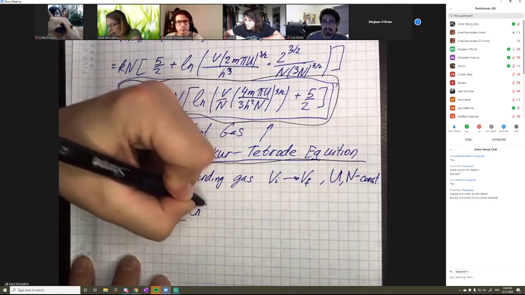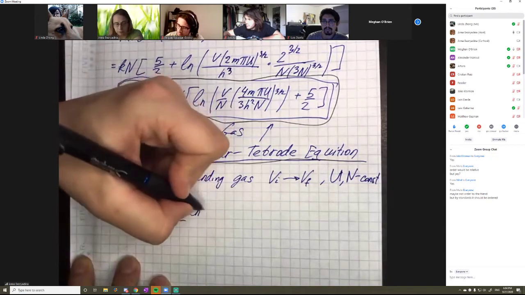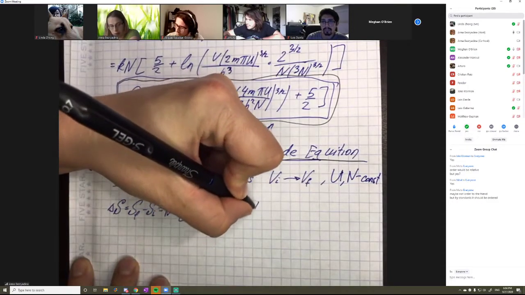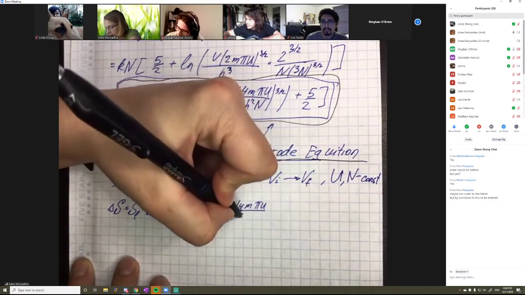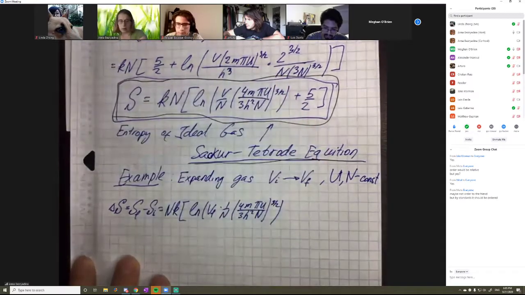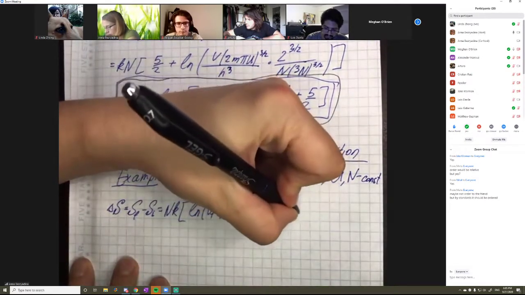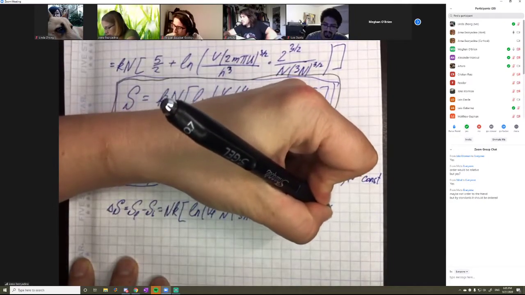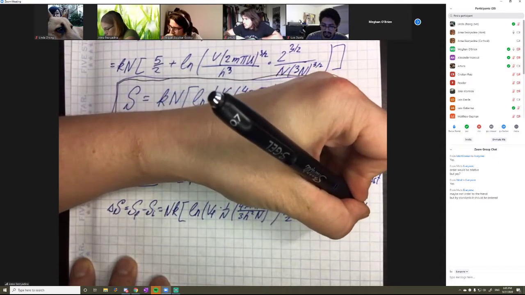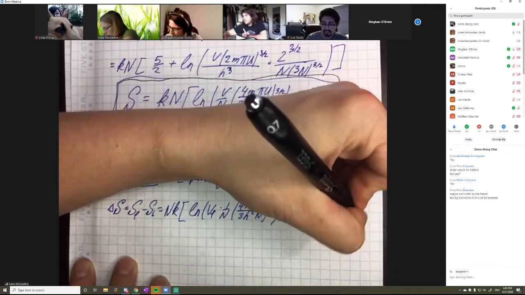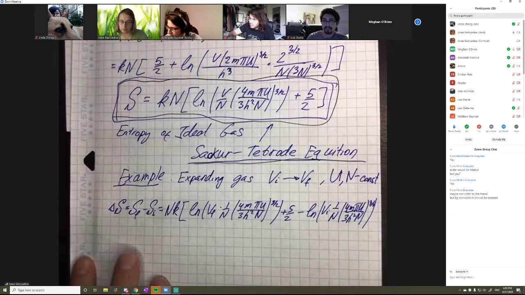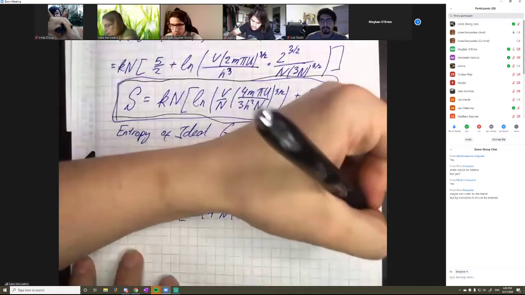And here we get a logarithm of, and we just plug in here V final times 1 over n, 4m pi u over 3h square n in the power of 3 half, plus 5/2, minus logarithm of V initial times 1 over n, 4m pi u over 3h square n in the power of 3 half, minus 5/2.